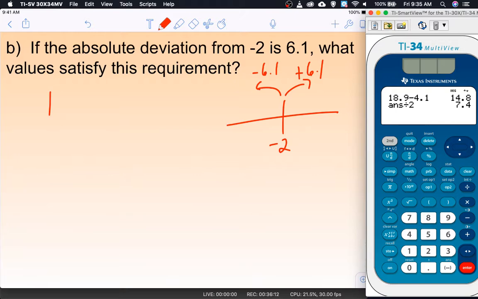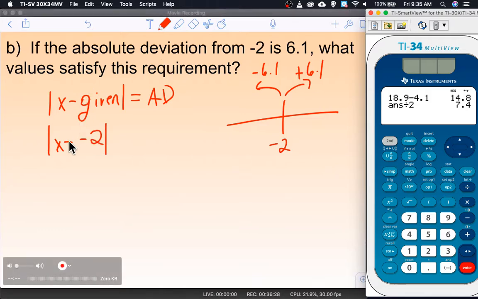We're practicing absolute deviation with a formula. These types of absolute deviation problems are just here to give us a type of application. So x minus the given number, which is -2. Notice how I have minus -2. It's minus from the equation, and the given number is a -2. And the deviation is 6.1.